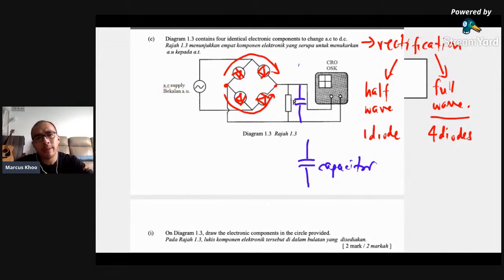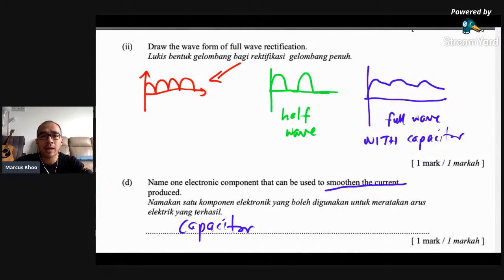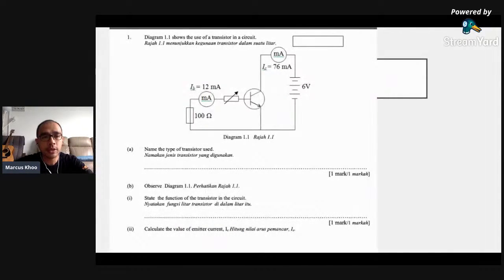That's probably the most difficult. But other than that, many years this question came out already, and most of the years it is the very same one: asked you to draw a wave diagram and then asked you to add one electric component. That's all. So we should try to remember this subtopic, because it's very easy. Seriously. All right, let's go to the next question.